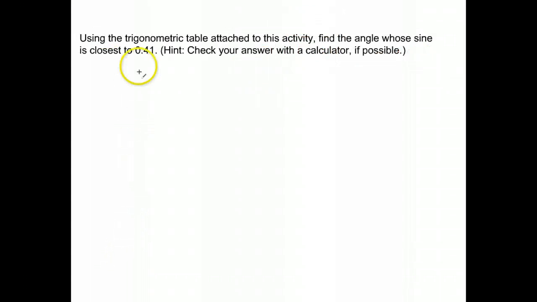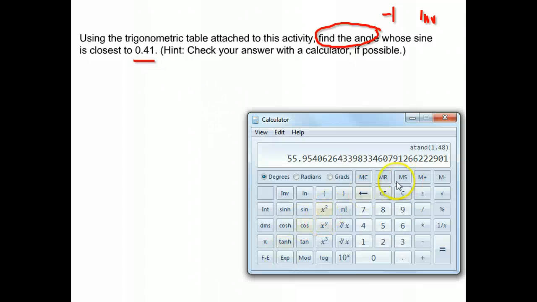Okay, here's another one. Use a table. Again, I'm going to use a calculator. Find the angle. Again, we're finding the angle. That's when you know you need to use the inverse, or the INV, whose sine is closest to 0.41. On a calculator, I would put in my value, 0.41. Then I push the inverse button because I'm trying to find the angle and not the ratio. Notice my buttons have changed and have the little -1.